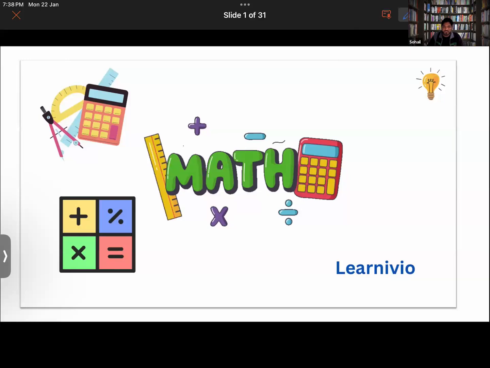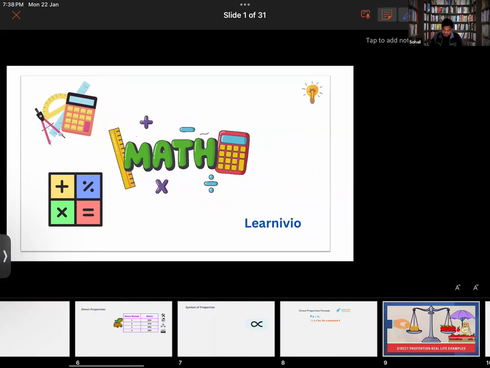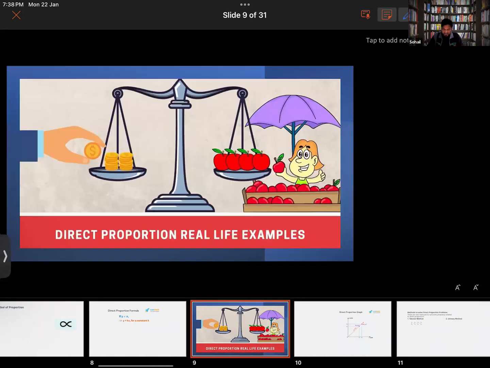Now, number of workers and the number of days required. Inverse. If there are more workers, then the work will be completed in less time. Right, Ahmed? Yes, sir. Inversely proportional. So that is an inverse relation.